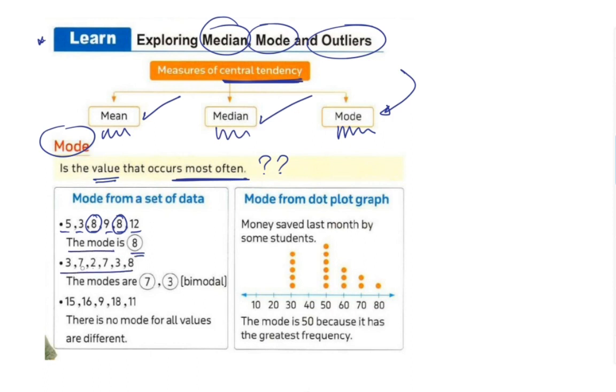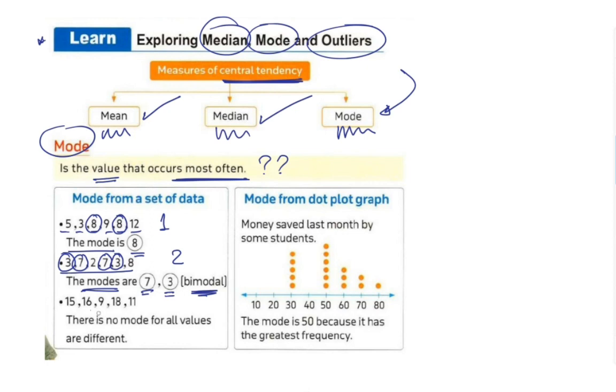For these values 7 is the mode, but we have another mode, 3, because we have two 3s and two 7s, so 7 and 3 are called modes. So maybe you find one mode or two values as mode. If you have two values as mode, you call it bimodal.